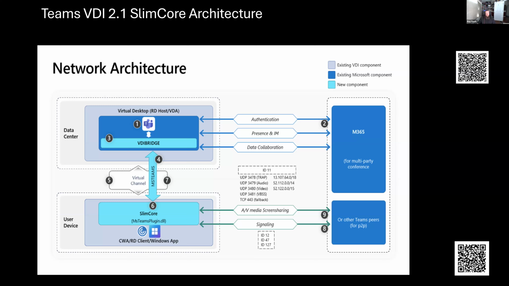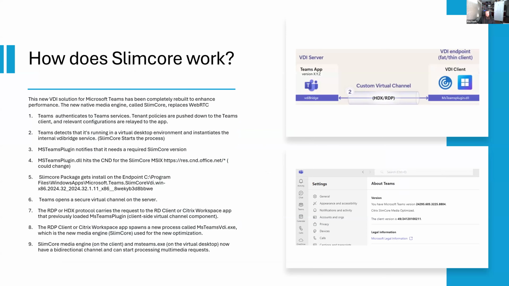I'll highlight some of the pieces of how I broke it all down with the Microsoft Docs and understood it. At first, when it wasn't GA, you had to enable this tenant feature, and once that kicked in, you would download the plugin that you need on the client.